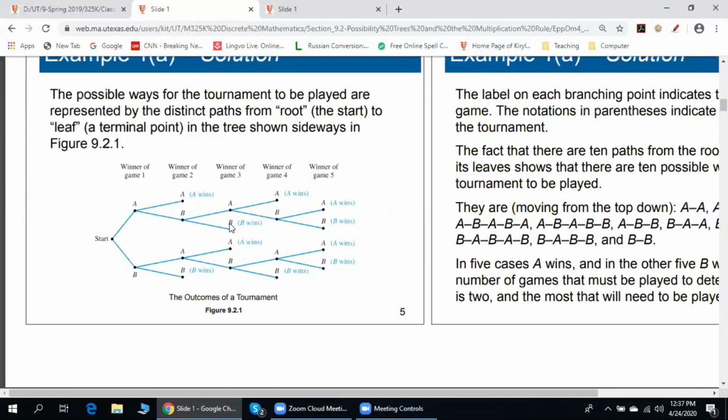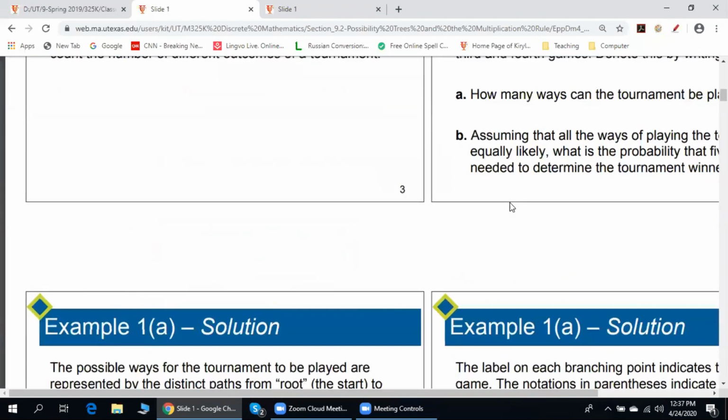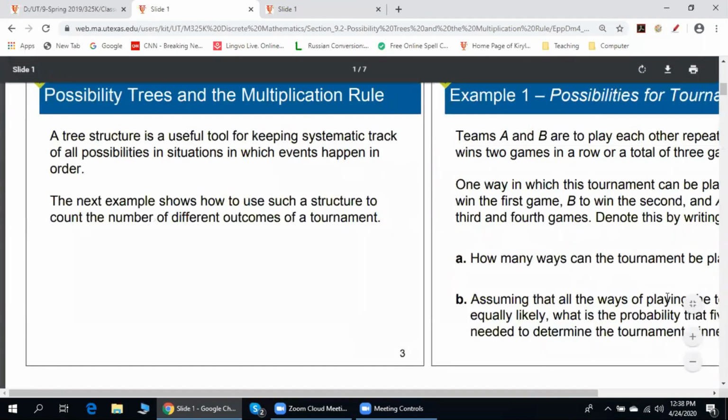Now let us count the number of tournaments. 1, 2, 3, 4, 5 here, and same number here. 5 plus 5, 10. The total number of tournaments is 10.